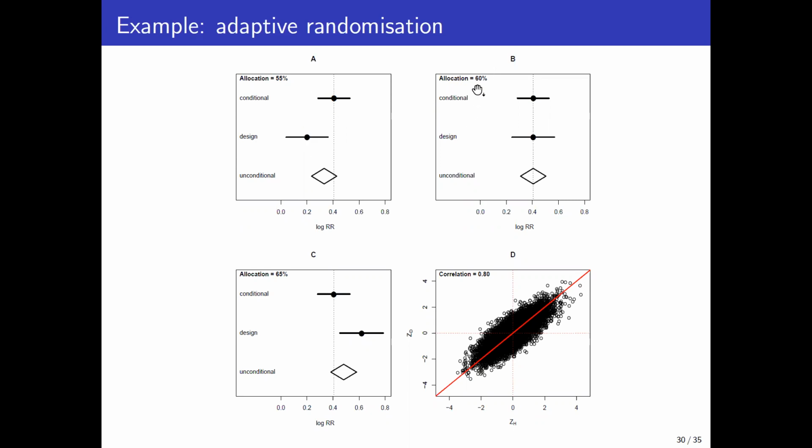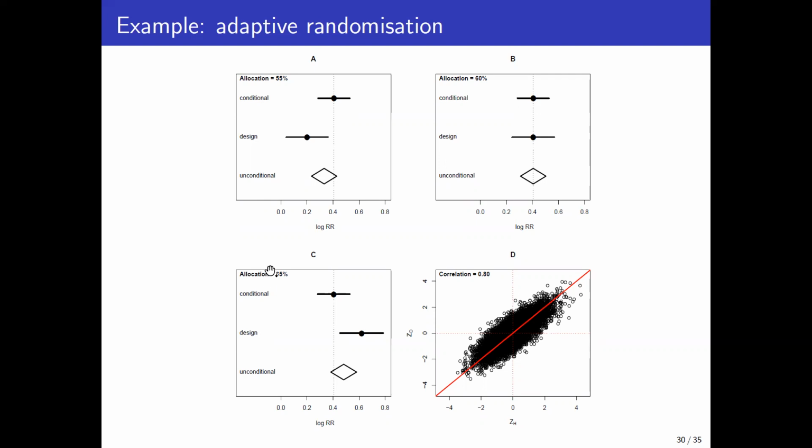So you remember this design had an average allocation proportion of 60% in the experimental treatment arm. And in that case, we get on average very similar conditional and design estimates, and hence unconditional estimates.